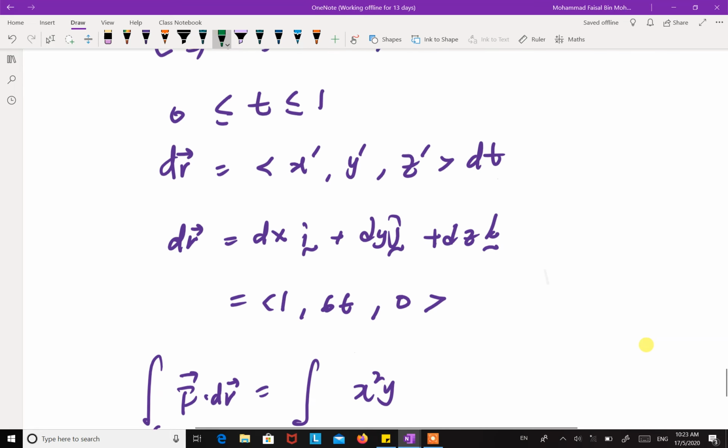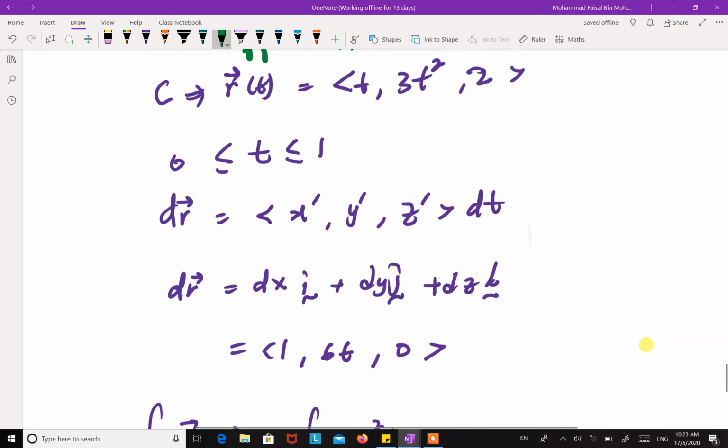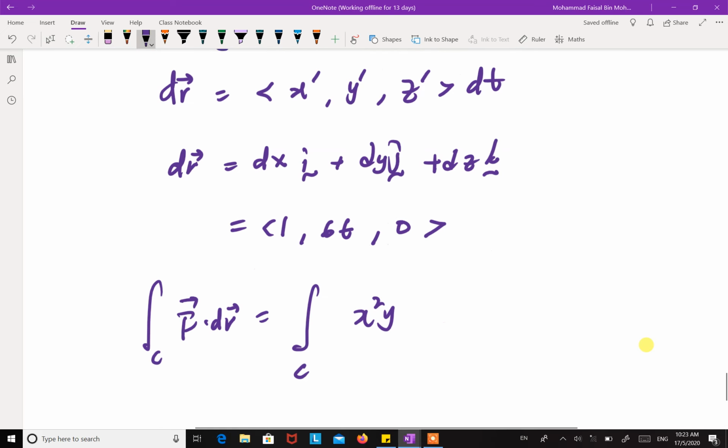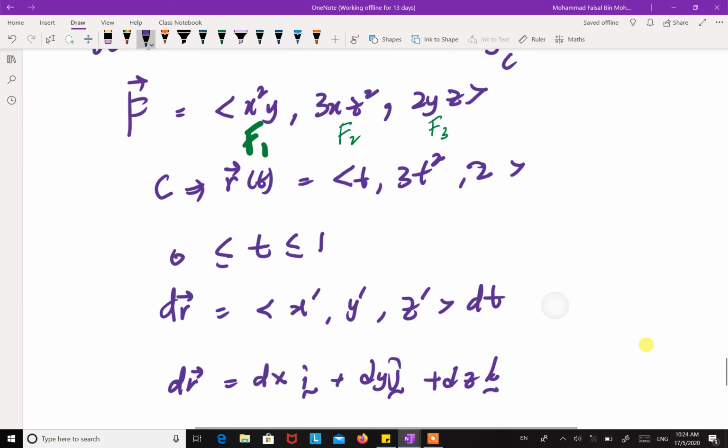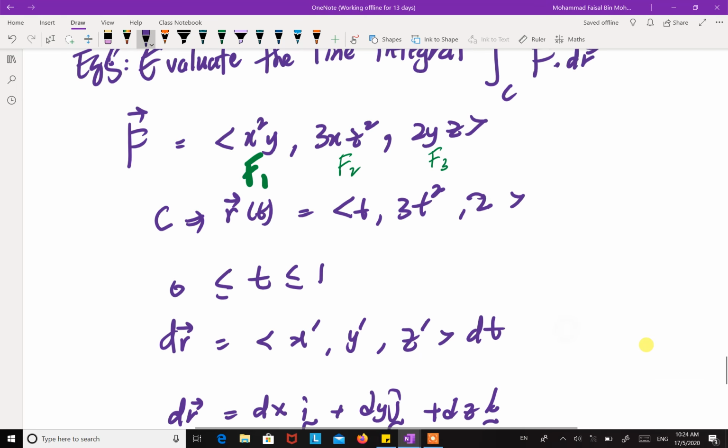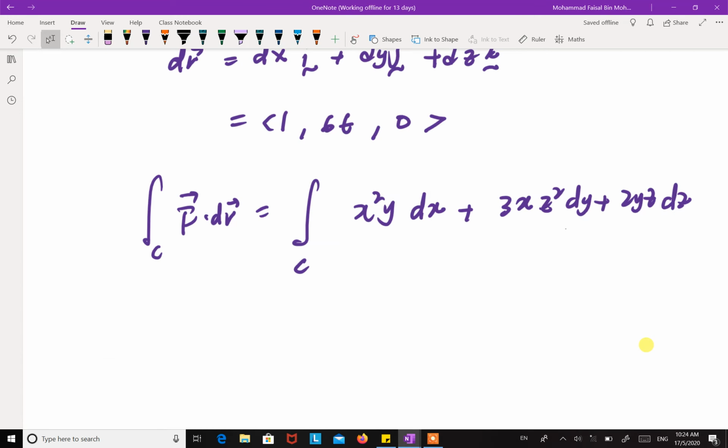So f1 will be x squared y times dx, plus 3xz squared dy plus 2yz dz.